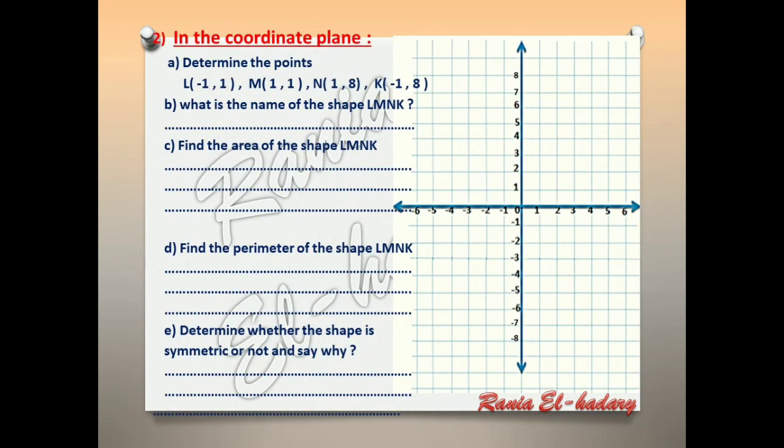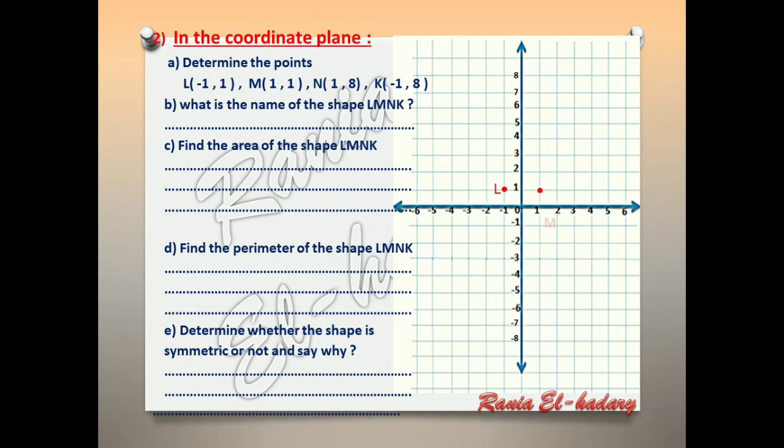Number 2. In the coordinate plane, letter A, determine the points L, M, N, K. Put the point L, negative 1 and 1. Negative 1 on the x-axis, then up to reach 1 on the y-axis. Put the name L. Put the point M, 1 and 1.